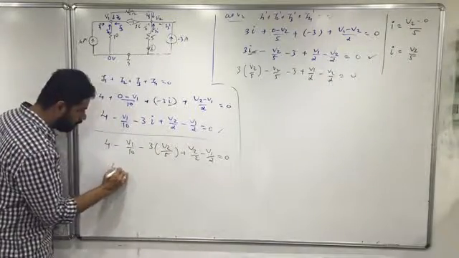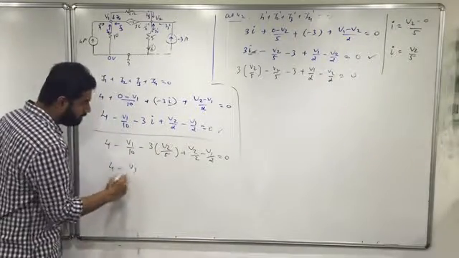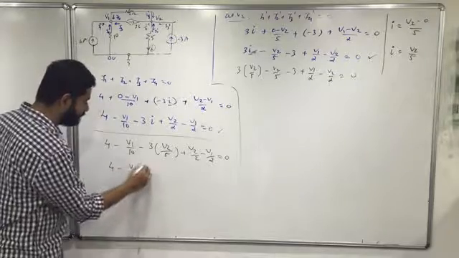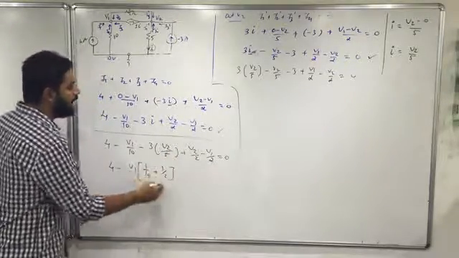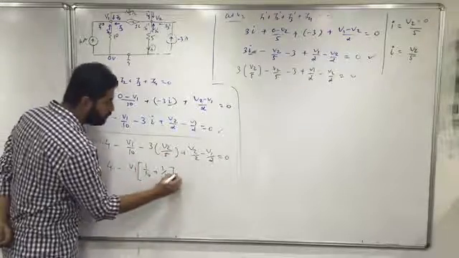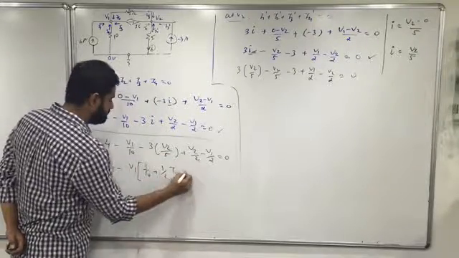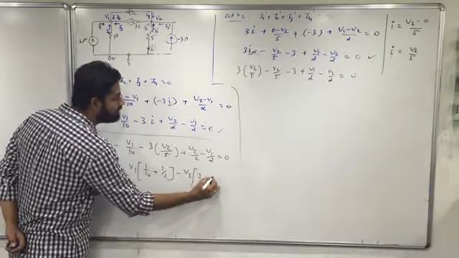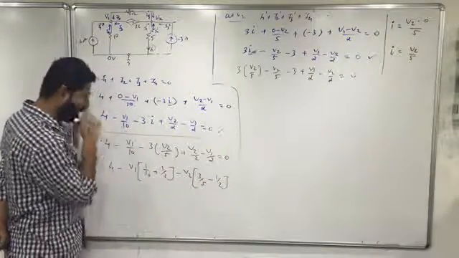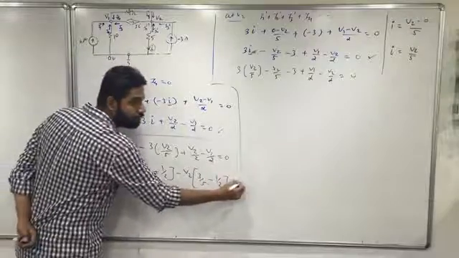Okay, so let's write down a few things here. It's 4 minus V1, this is 1 by 10, I have plus 1 by 2, and let's deal with V2, minus V2 I'll take common, and I'll be having 3 by 5 minus 1 upon 2. Is it clear? It is equal to 0.